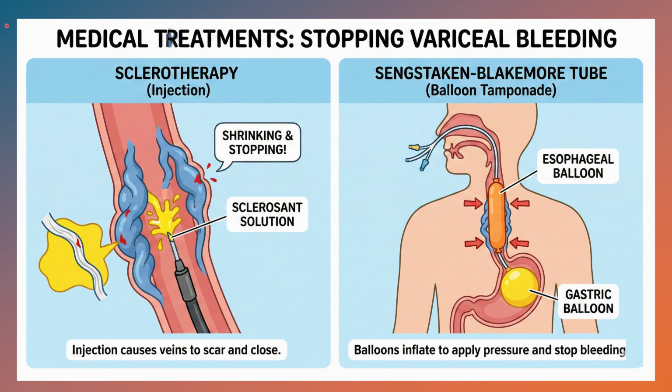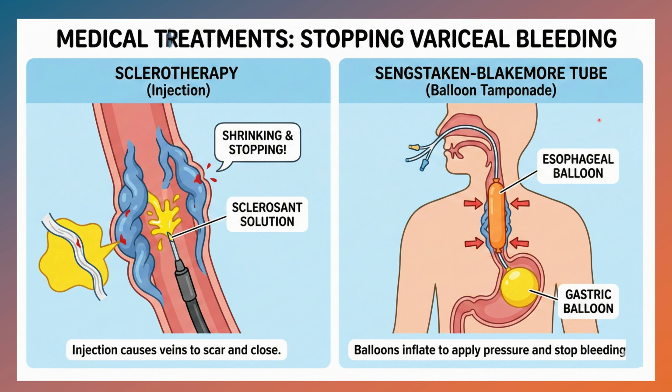In that list of key terms, I found medical treatments and procedures. So I found sclerotherapy, a procedure where a solution is injected into bleeding varices to make them shrink and stop bleeding. The injection solution in varices to stop the bleeding. Then here this tube, but also there are 3 types of tubes.